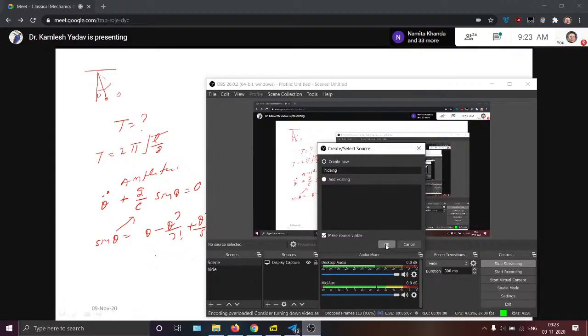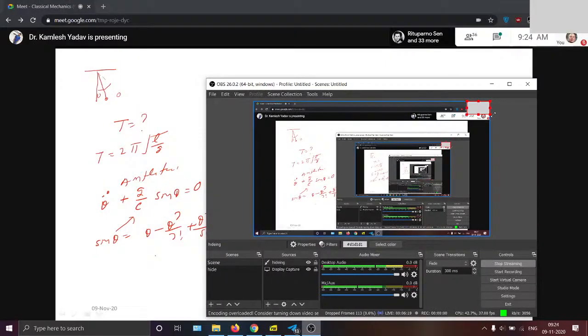If theta is not small, the net time period of oscillation depends upon the amplitude of oscillation.